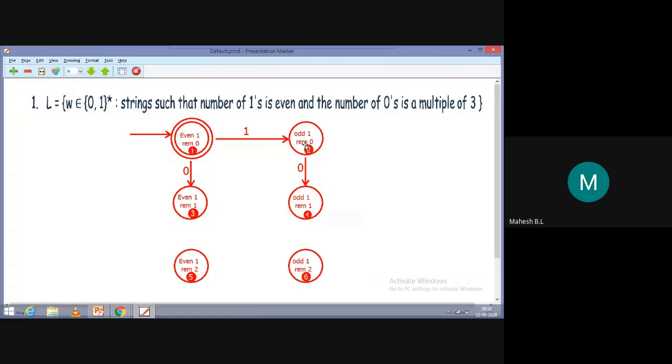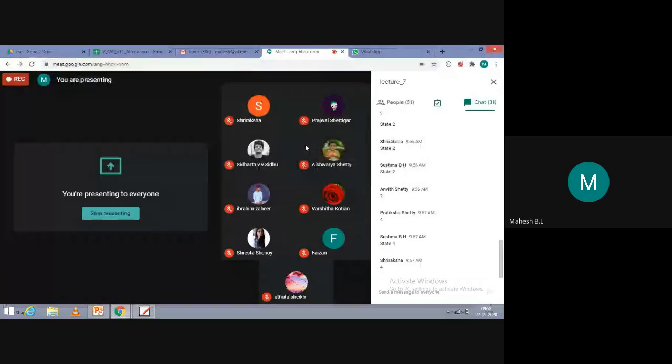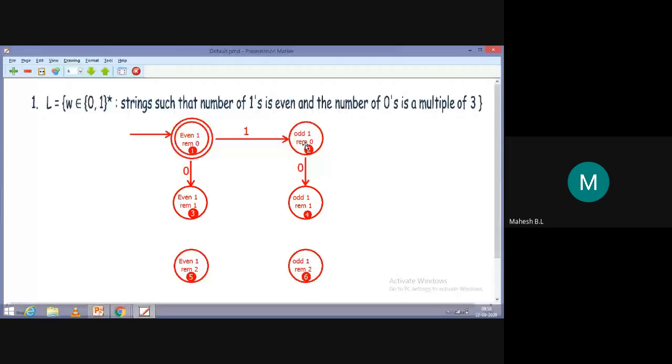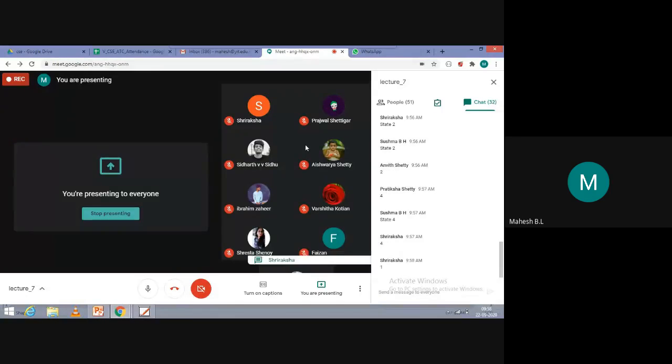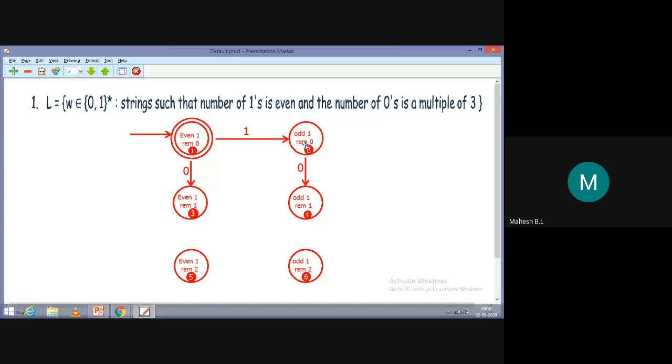So you'll be making a transition to state 1.